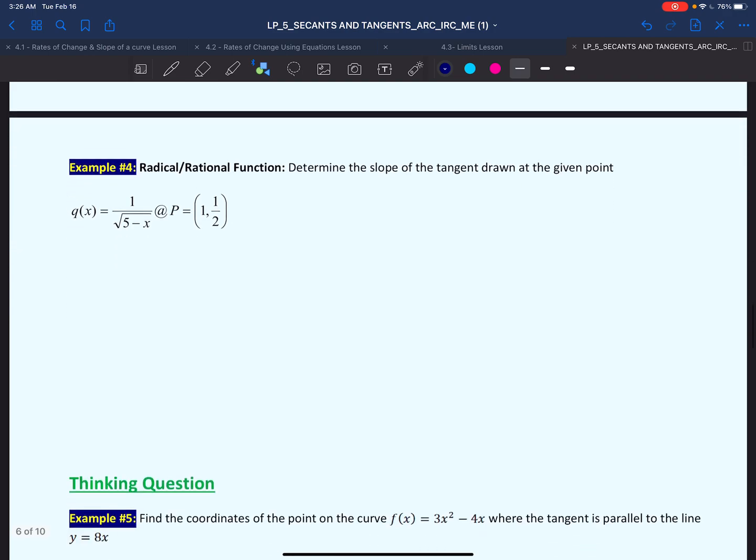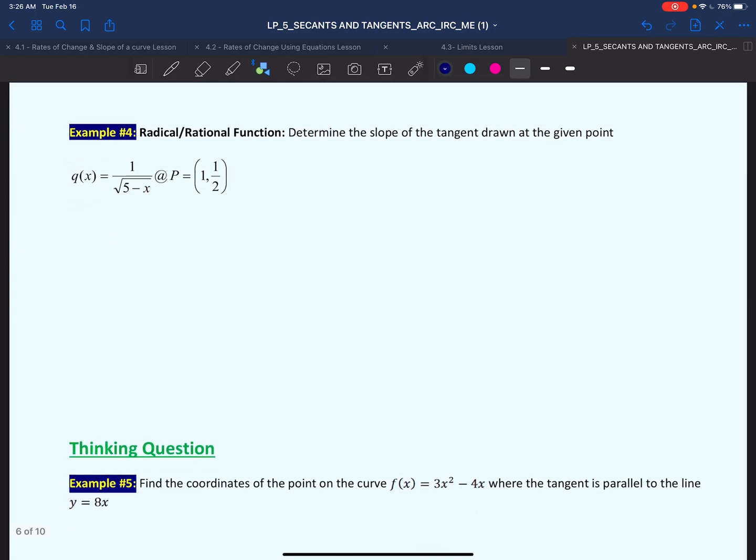And I want to move on to question 4, where we have a combination of a radical with a rational function. We are about to find the slope of the tangent at the given point. We are given the value of y at 1, so we know that we are drawing the tangent at x equals 1, and q of 1 is given to be 1/2.